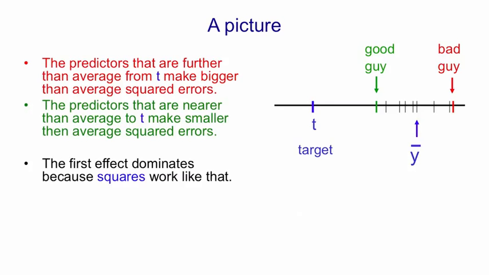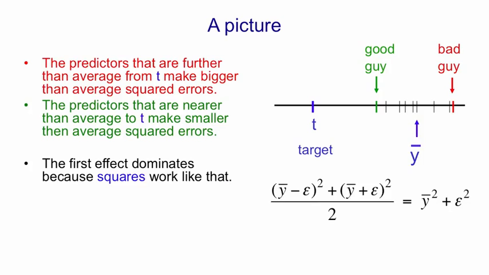So if you look at the math, let's suppose that the good guy and the bad guy were equally far from the mean. So the average squared error they make is (y bar minus epsilon) squared plus (y bar plus epsilon) squared. And when we work that out, we get the squared error that the mean of the predictors makes plus an epsilon squared. So we win by averaging predictors before we compare them with the target.